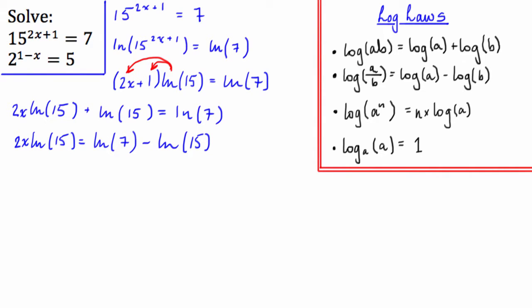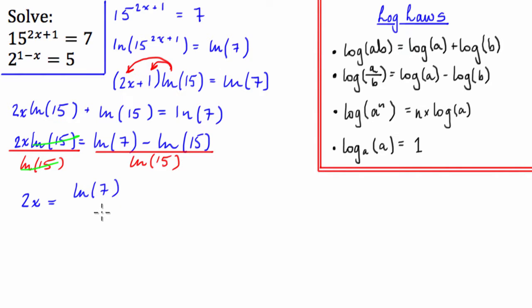This cancels out on this side, and over here we simplify on the fly. So we have 2x is equal to ln 7 on ln 15 minus ln 15 on ln 15, which is just 1.